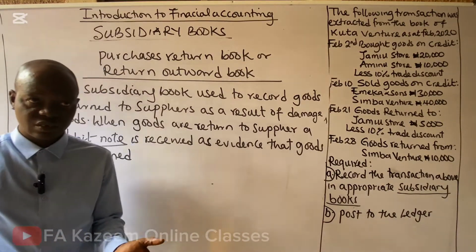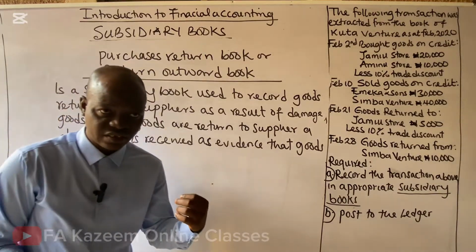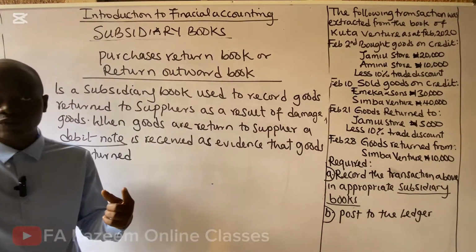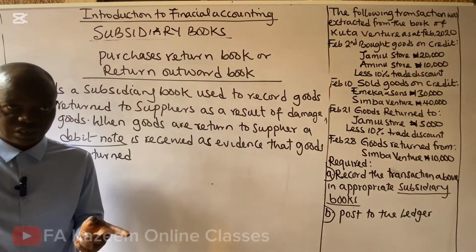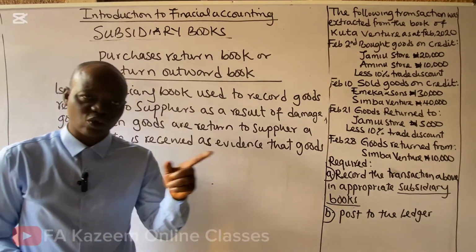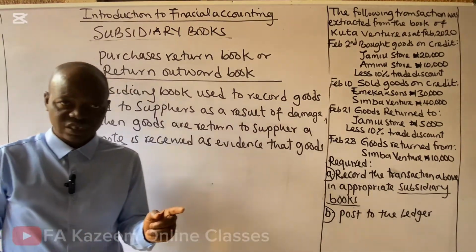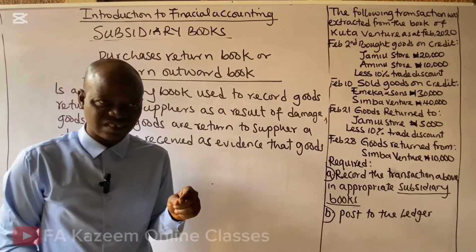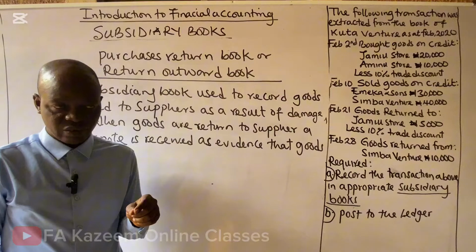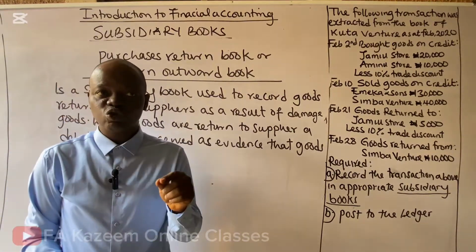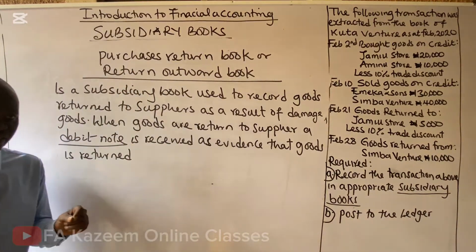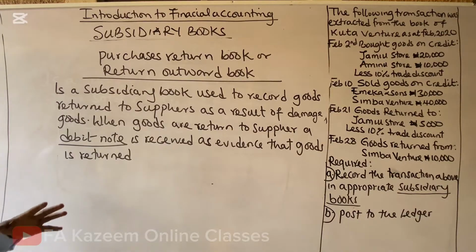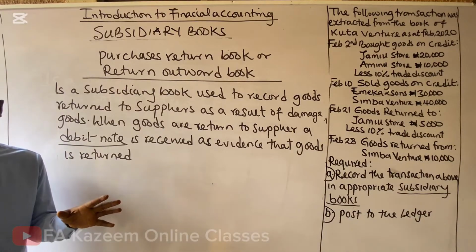Due to this, when you buy goods on credit and some of those goods have been damaged, and you are likely to return the goods, or you have returned the goods, remember to receive a debit note as a source document from the supplier to show evidence that such goods have been returned.